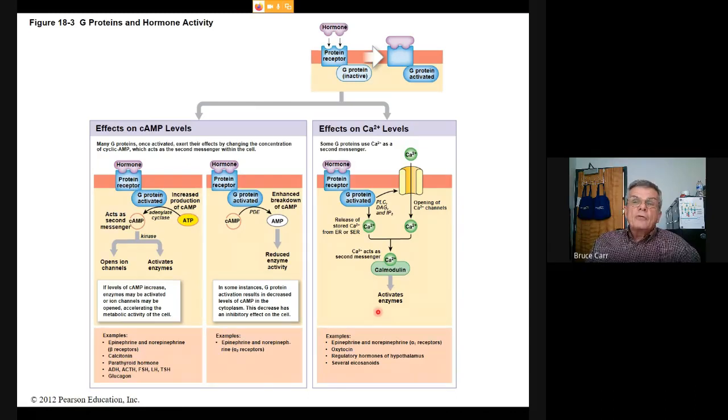When we talked about sympathetic stimulation, we just said epinephrine and norepinephrine, but look how many different hormones are involved to finally regulate that response. Oxytocin is also activated in this way. Regulatory hormones of the hypothalamus, the stimulating and releasing hormones, and several of the eicosanoids basically depend on calcium. So here we are back to calcium.